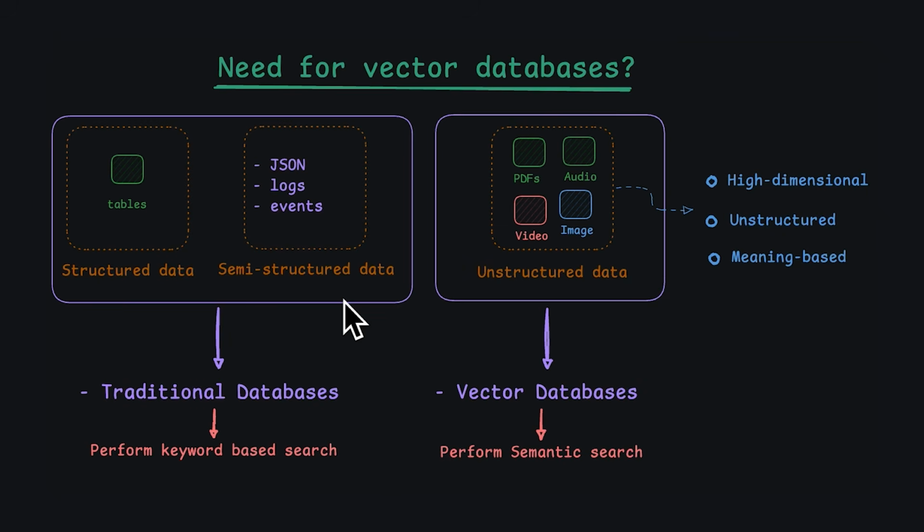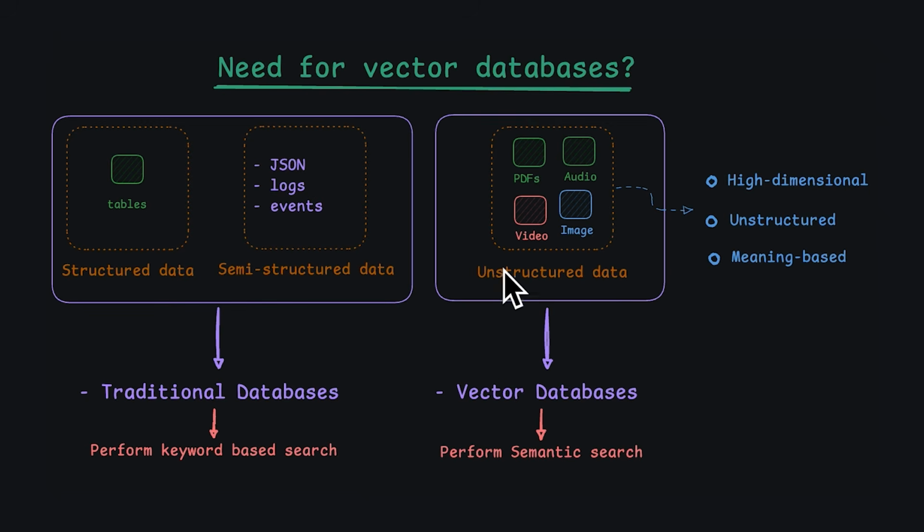Now, before understanding the need for vector databases, let's look at the types of data that we have today. First we have structured data, which are like tables, rows, fixed schema. So this is all structured. And then we have semi-structured data, like JSON, logs, events.